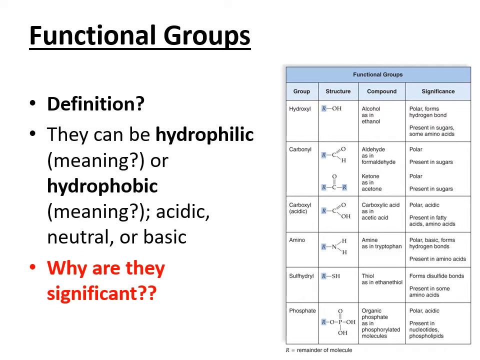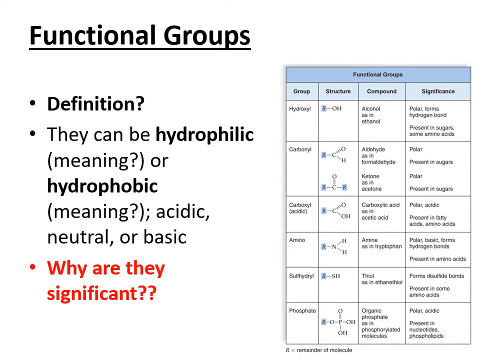So which functional groups are hydrophilic versus which are hydrophobic will really help determine where that part of the molecule will want to be. Will it want to be near water or will it want to be away from water? You also have ones that are acidic, neutral, or basic, and that will also affect their charge.